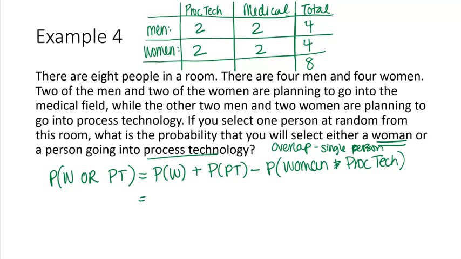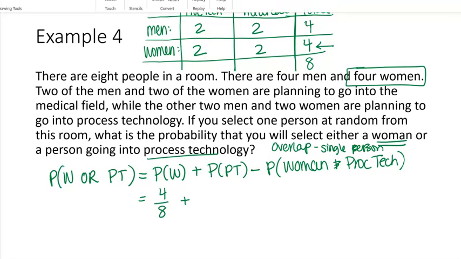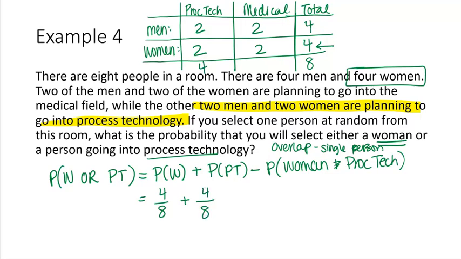If I'm first just looking at the probability of being a woman, there are 4 total women in the room out of the 8. Then I look at just process technology. It tells me here that there are 2 men and 2 women in all going into process technology. Well, right now, PT, process tech, I'm just looking for the fact that there are 4 people in all going into that industry.